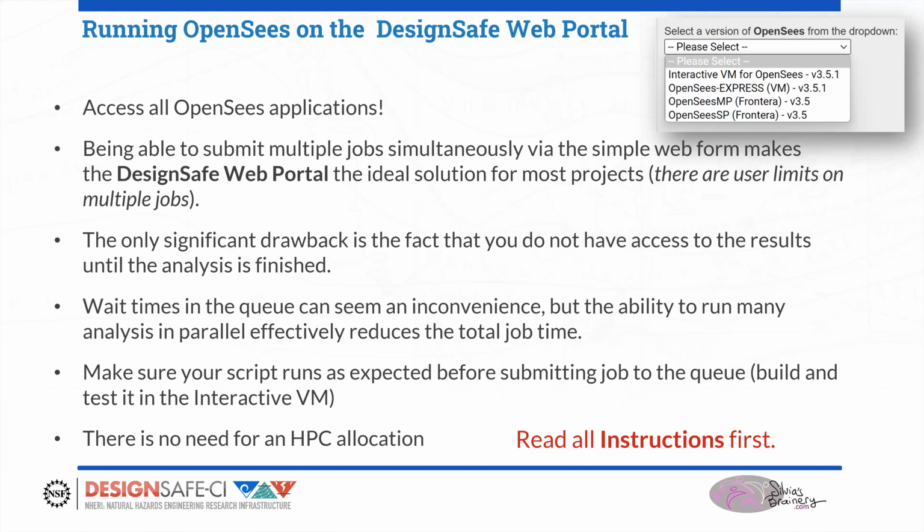And so make sure that your script runs before you submit it, and that's what the interactive VM is for. And as I said, there's no need for allocation, so you can just go on and start your project right away. Very, very important, though, is make sure you read all instructions and all documentation first.